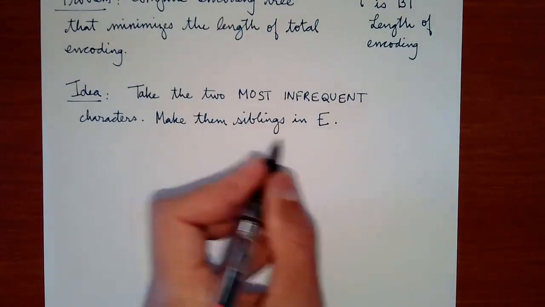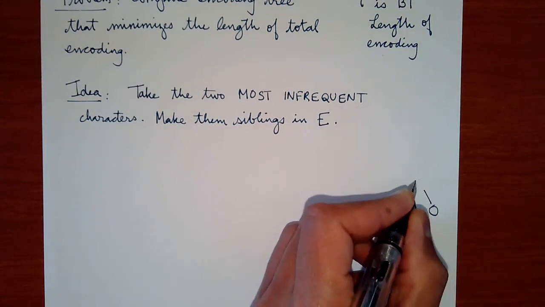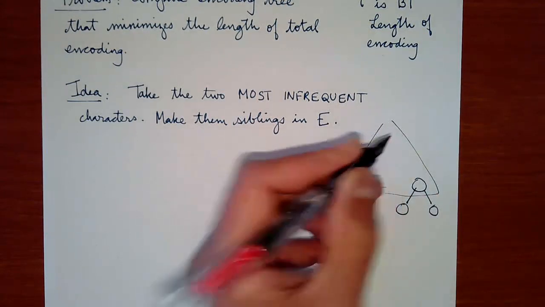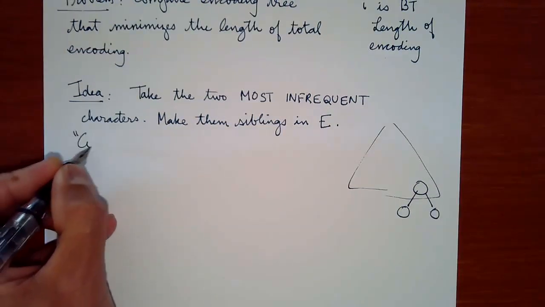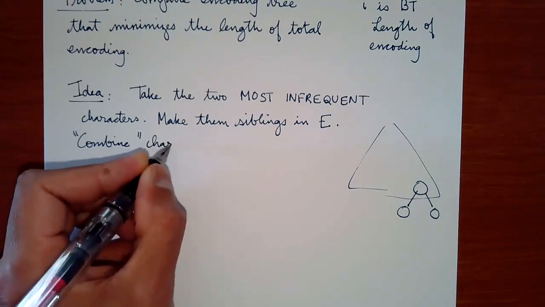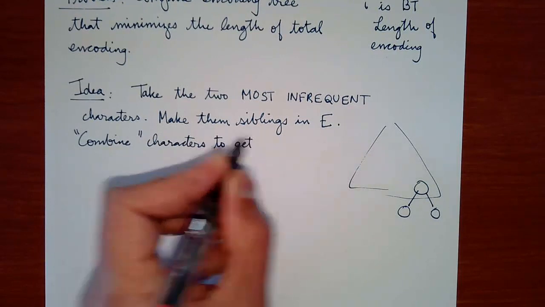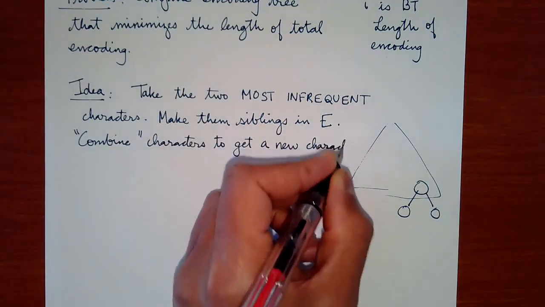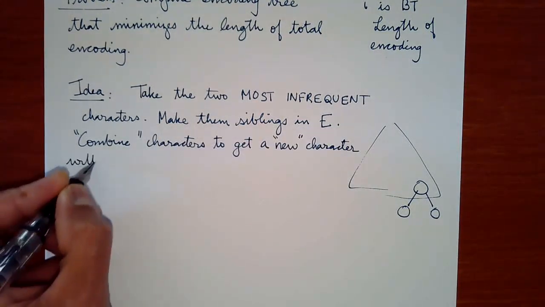Which means if we take the two most infrequent, we know that they're going to be siblings of something, but we don't know what the remaining tree is going to be. So to solve the remaining tree, we'll just do it recursively. We'll say combine the characters to get a new character with the total frequency.